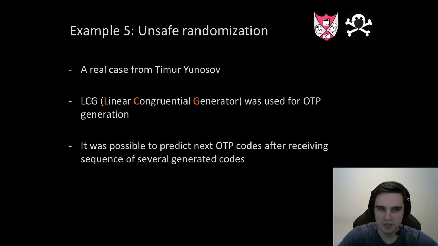But using LCG is not okay because it is not cryptographically safe. For example, when you have a sequence of several generated codes, you can recover the whole sequence. So you can predict the next OTP codes. And for OTP, it is very critical.